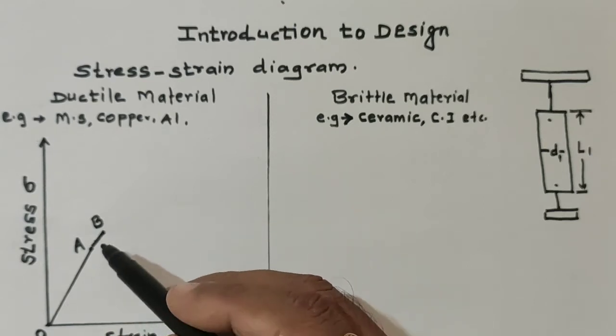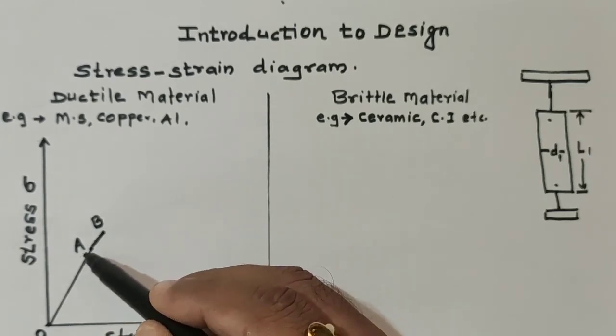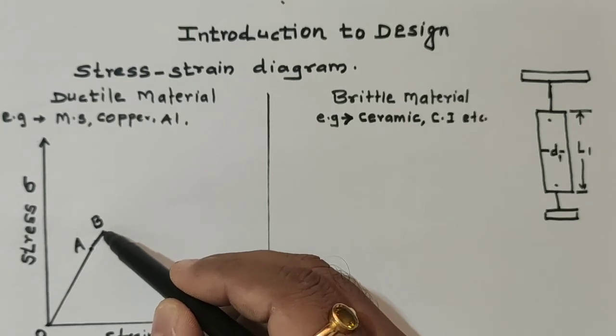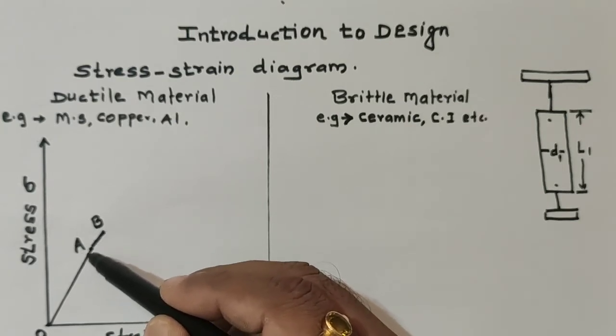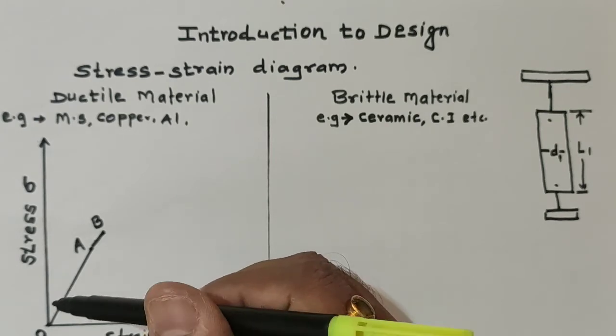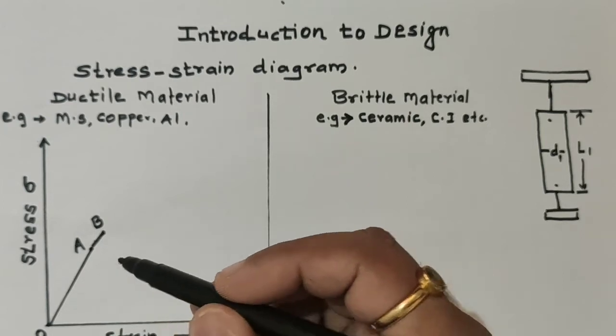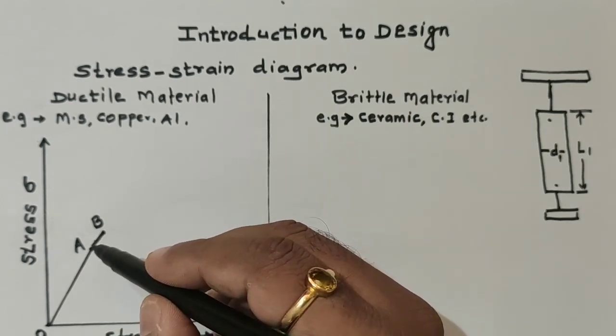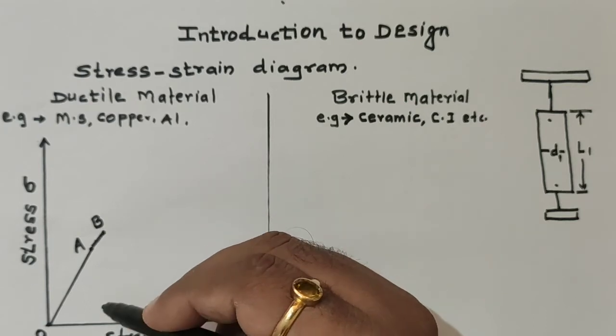That means if the load is increased between A and B, the body will regain its original shape and size when the load is removed. That means up to point B, this material possesses elasticity.